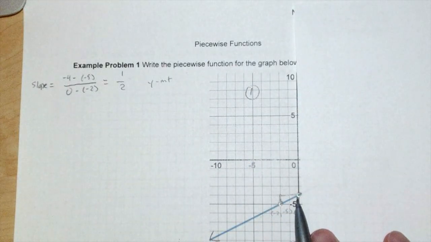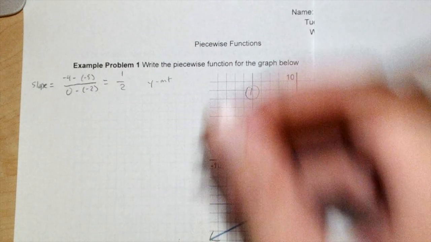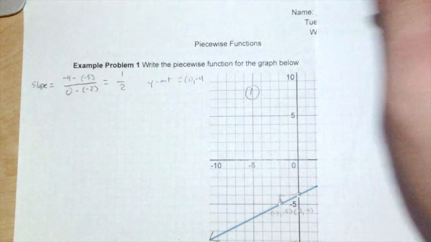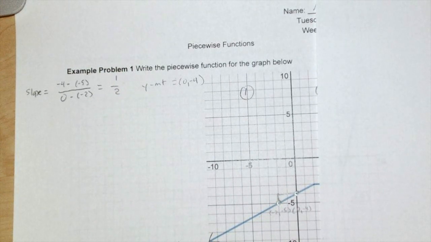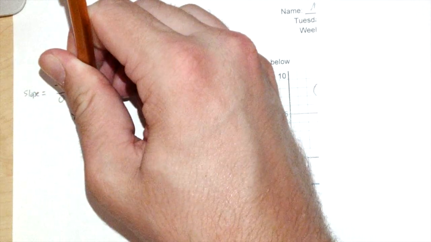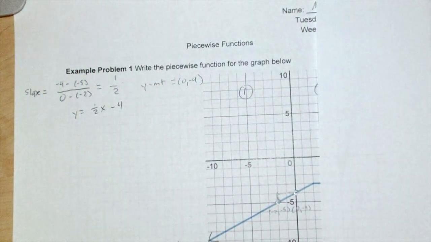And the y-intercept is wherever we touch this line, right? So if I touch this line at -4, this is the y-intercept. We can use this to write our first equation, and that's in y = mx + b. So y equals 1/2 x minus 4.